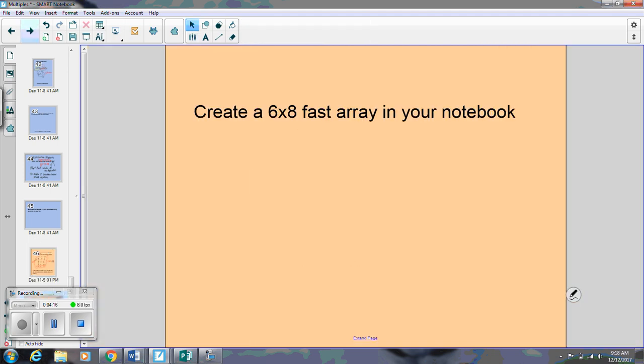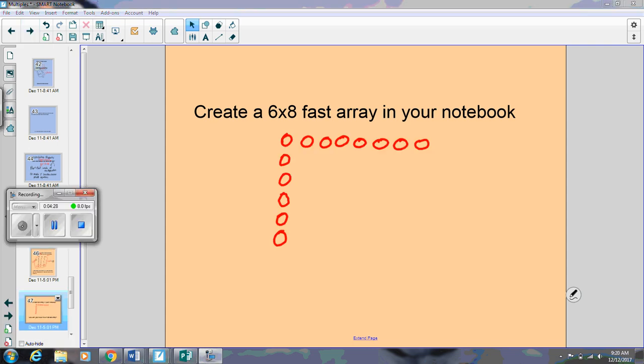Alright, create a 6x8 fast array in your notebook. So are you going to draw all those dots? No. 6x8 fast array. Why do we use fast arrays? What's the point? Allie?